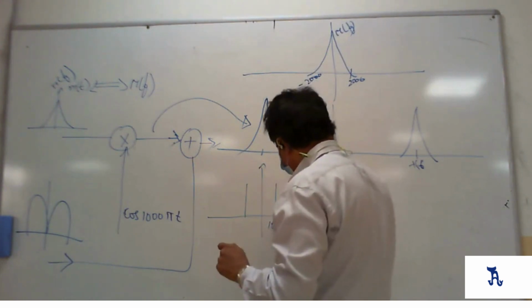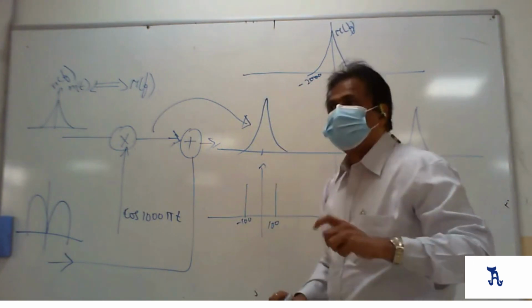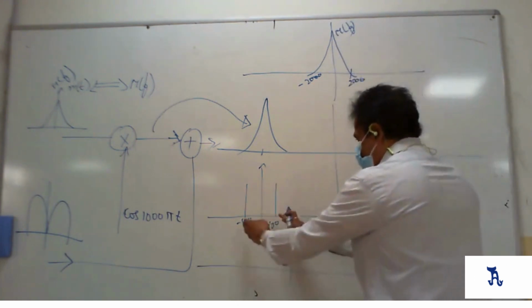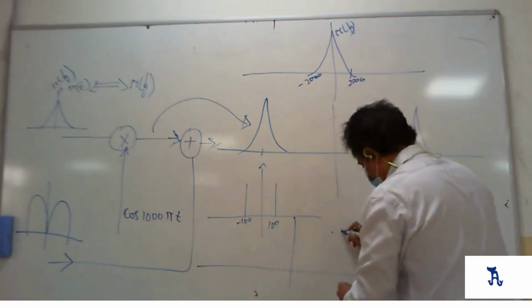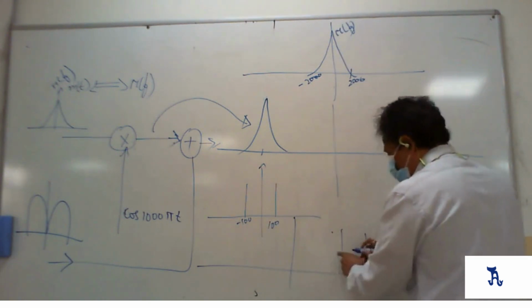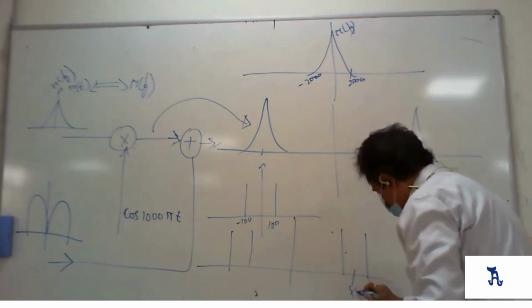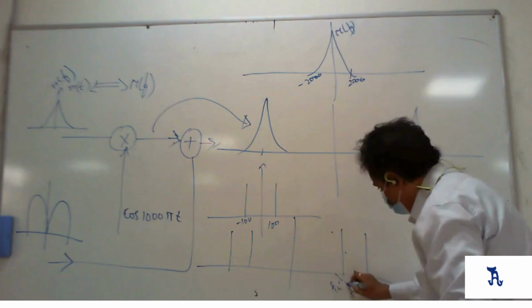So this will be 100, this will be minus 100. After DSB-SC, what may happen to this? The spectrum of the DSB-SC, right? After DSB-SC, this will come here. This is upper sideband, lower sideband, and the same will come here. This is your fc. This is your fc plus fm. This is your fc minus fm.